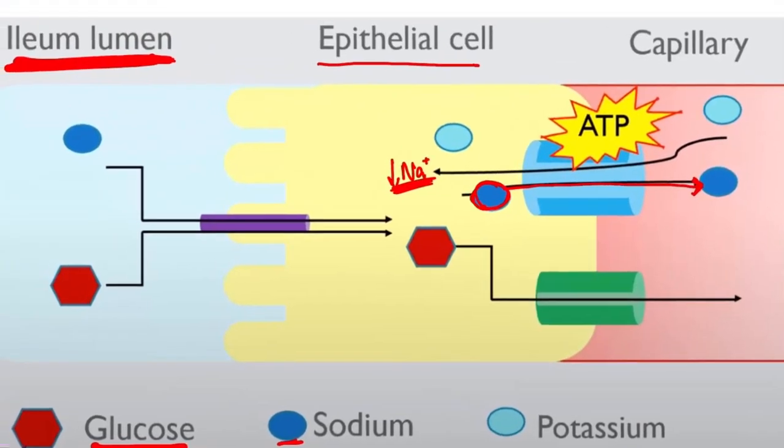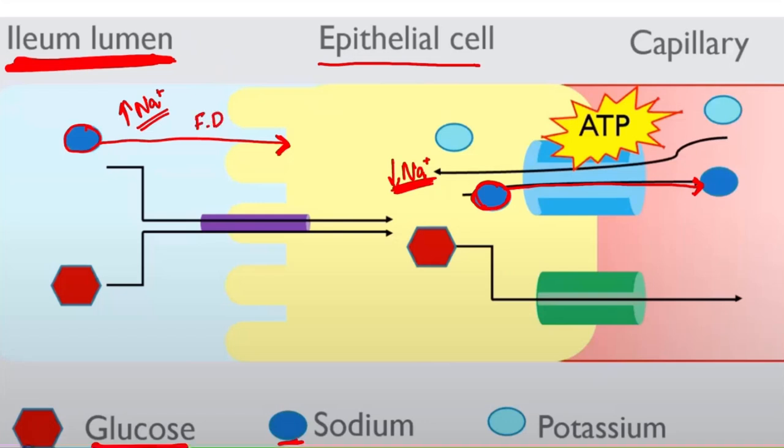Because of that, a concentration gradient has been established with the sodium ions present in the lumen. These sodium ions can move into the epithelial cell down the concentration gradient because there's a high concentration of sodium ions in the lumen. So sodium ions can now move by facilitated diffusion from the lumen into the epithelial cell.